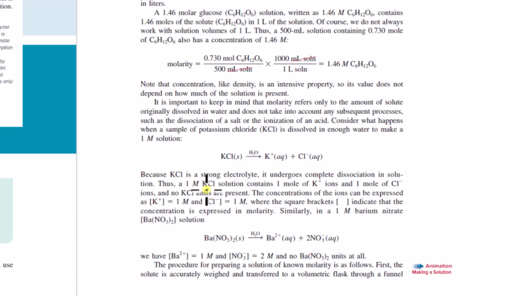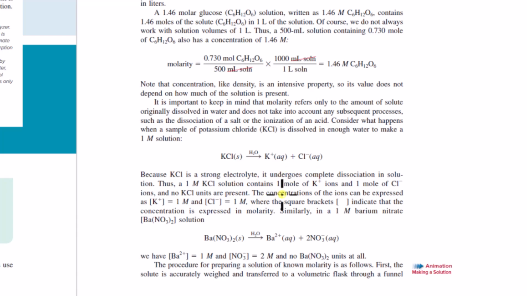Because it's a strong electrolyte, and assuming we didn't exceed the solubility or saturation point, in which case some of the solid would not dissolve, we can assume all, or a very large percentage, with whatever's not dissolved being negligible, of these KCl units dissociated.